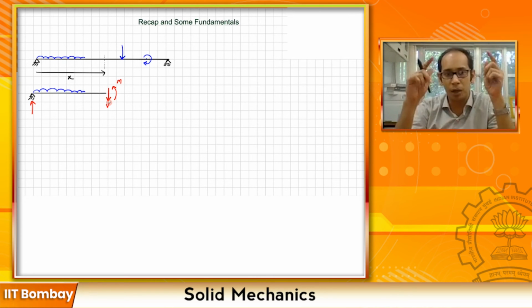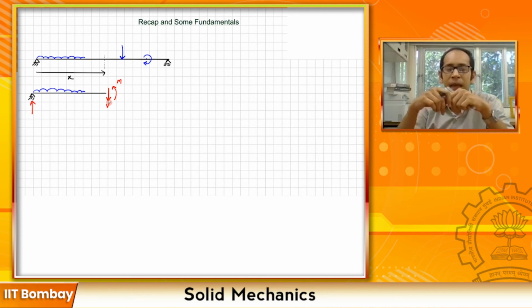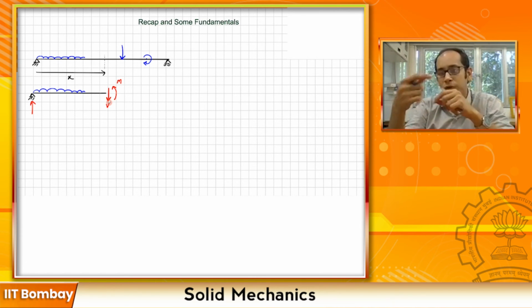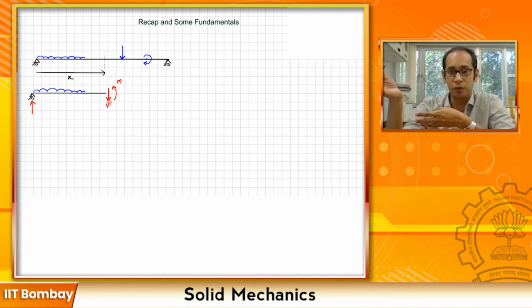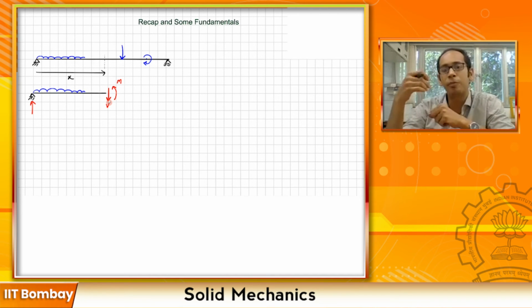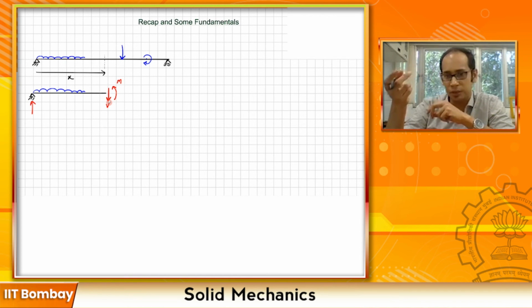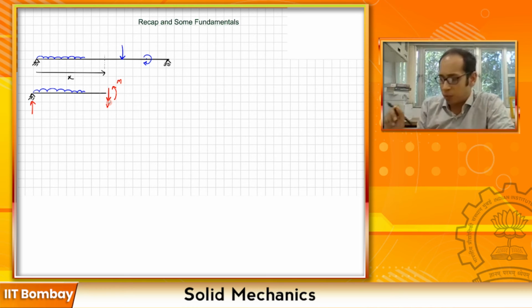You simply mark both of them maybe vertically up, and the problem works itself out to tell you what the direction is. So what you are marking prior to actually finding the values are the positive conventions. The values may come out as positive, which means what you have drawn is in the right direction. The value may come out as negative, which means it actually should point in the other direction.